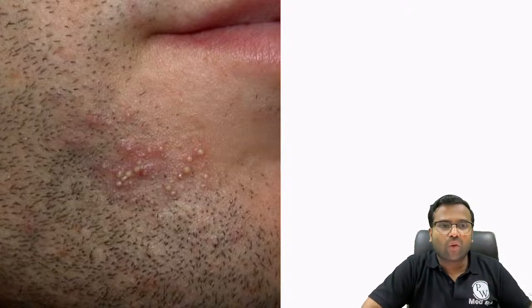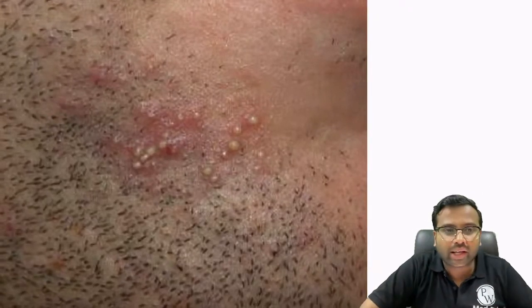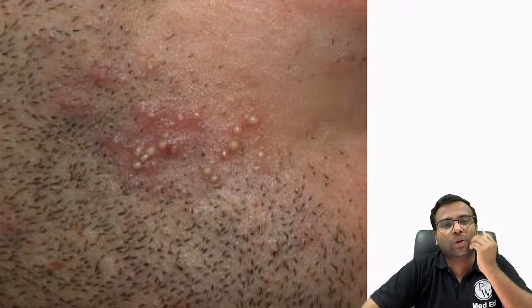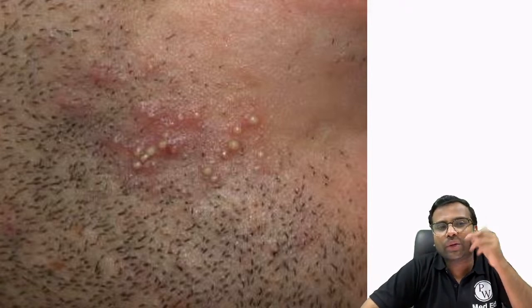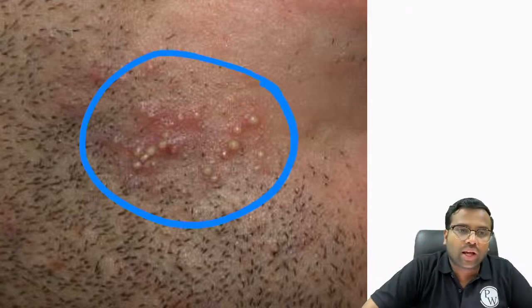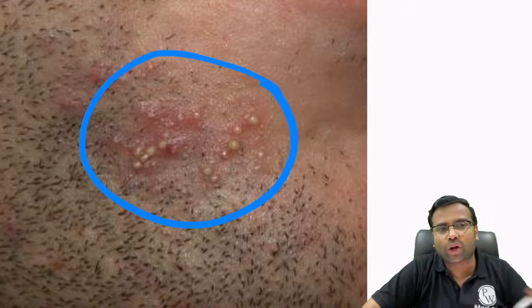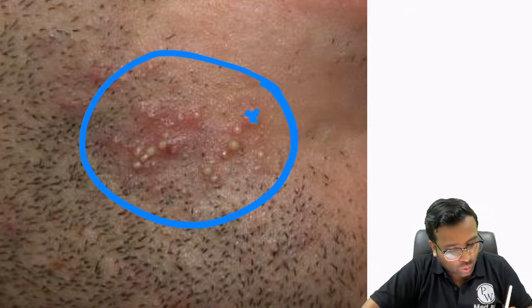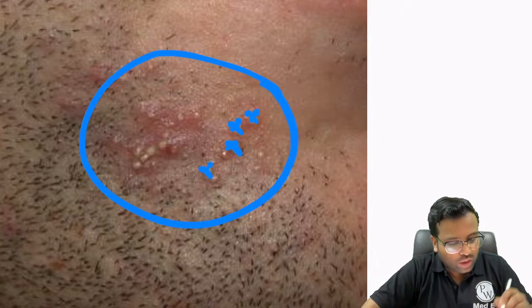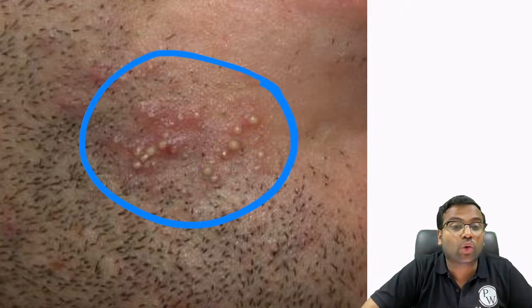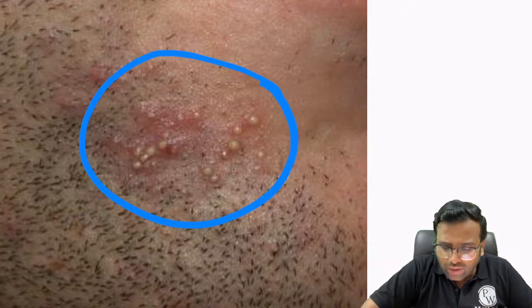What is the primary skin lesion that you can see here? The patient is complaining that there is a little itching over the skin, and you can see that there is a pretty much localized lesion. And where is this localized? It is localized near the beard hair. And you can see multiple, 1, 2, 3, 4, multiple pustules. So when it is a group of pustules, I will not agree with herpes here.